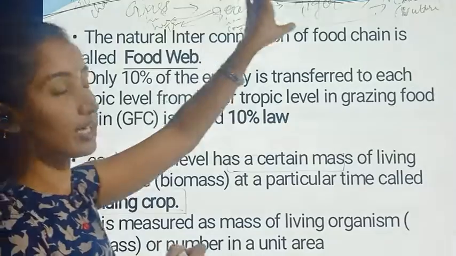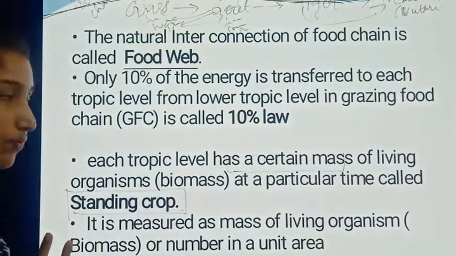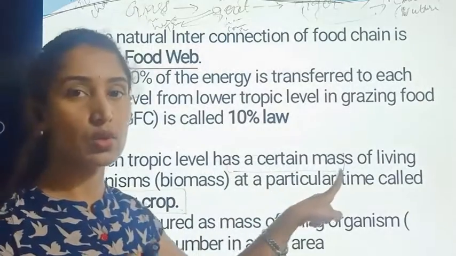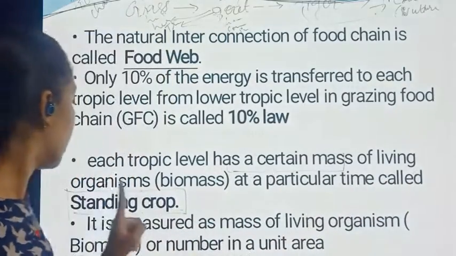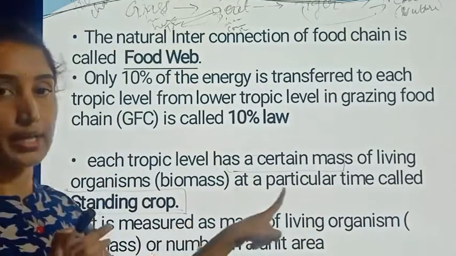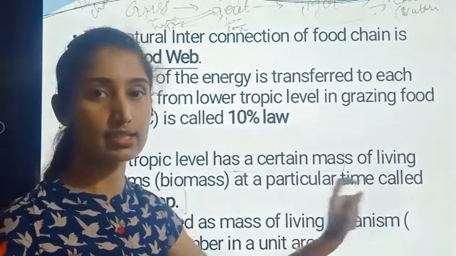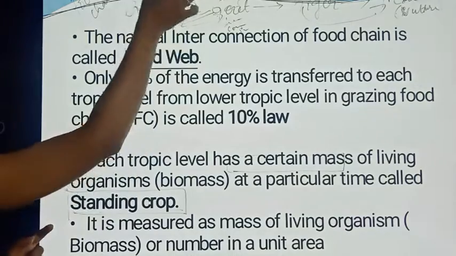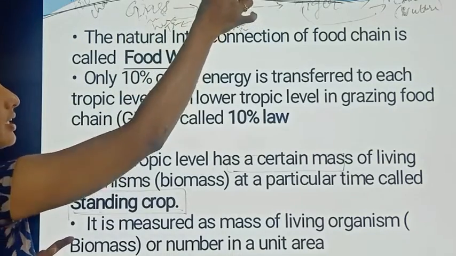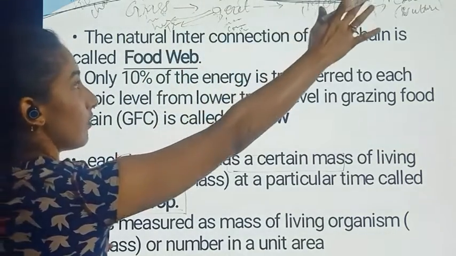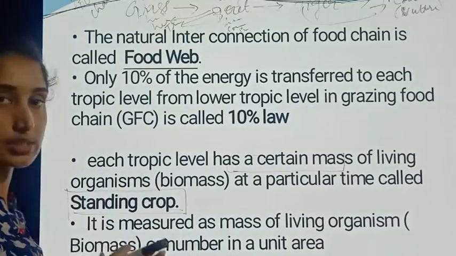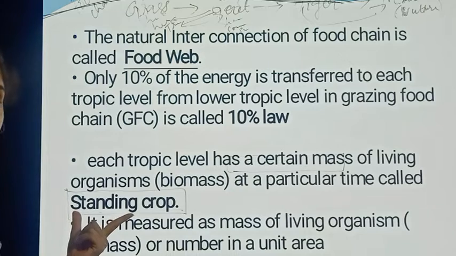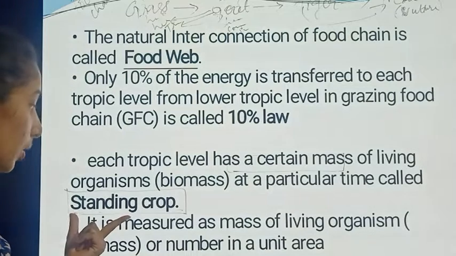Each trophic level has a certain mass of living organisms at a particular period of time. We call it the standing crop.